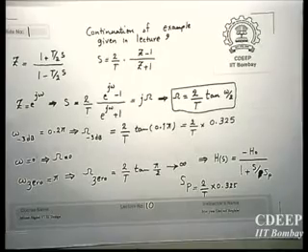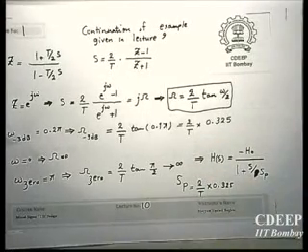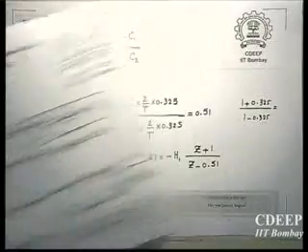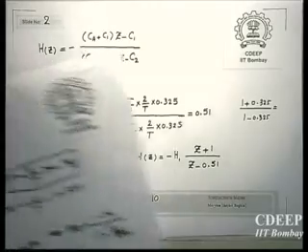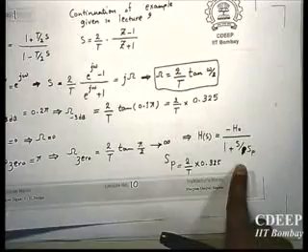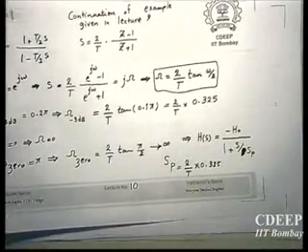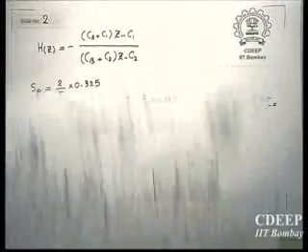One of you calculated this, 0.325. Omega minus 3 dB is positive, the pole is negative. Okay, got it.